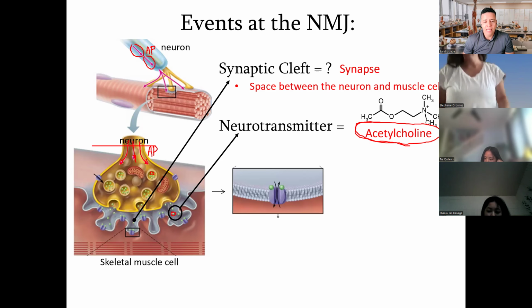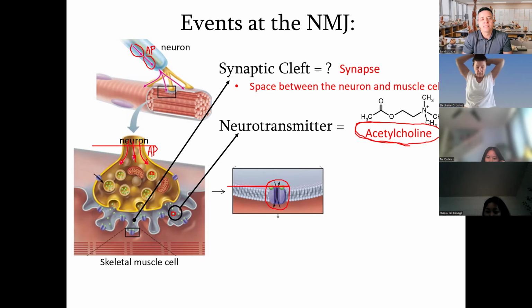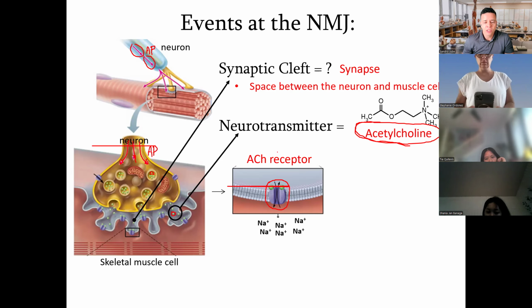What is the acetylcholine going to do, guys? The acetylcholine is going to bind to little receptors on transmembrane proteins. And these transmembrane proteins are embedded in the sarcolemma of the skeletal muscle cell. These transmembrane proteins are ion channels. What do they mean?